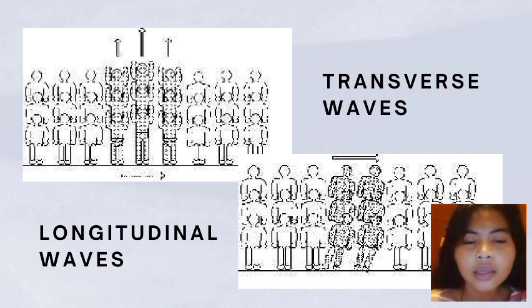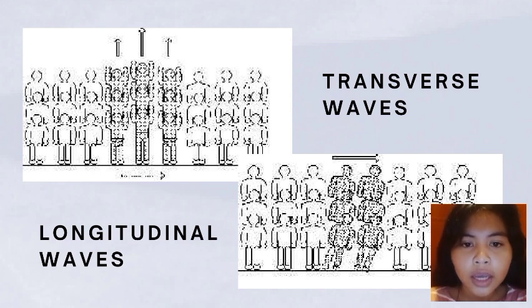So in longitudinal waves, however, with the same orientation as the wave in the transverse wave, the wave also moves from left to right, and then the people at the center move parallel, or in the same orientation as the movement of the wave.